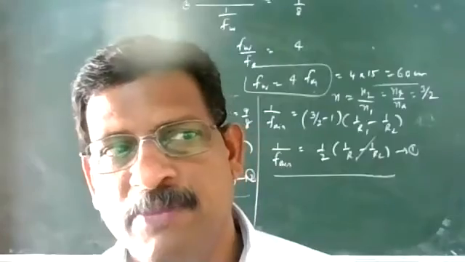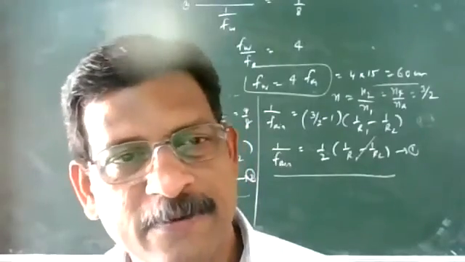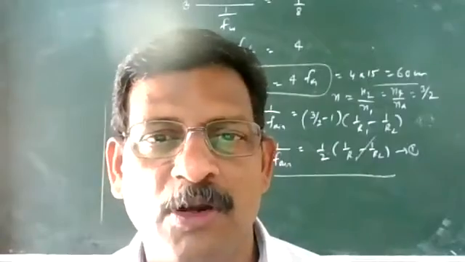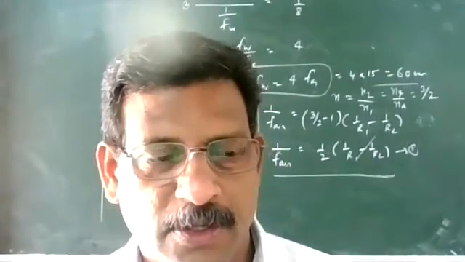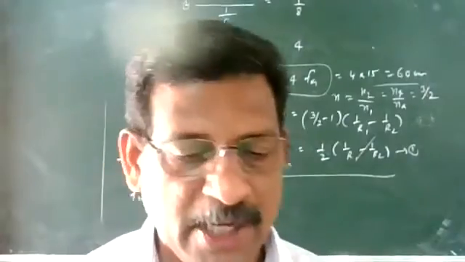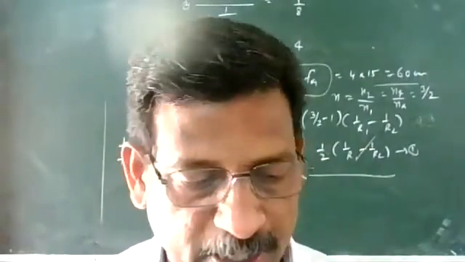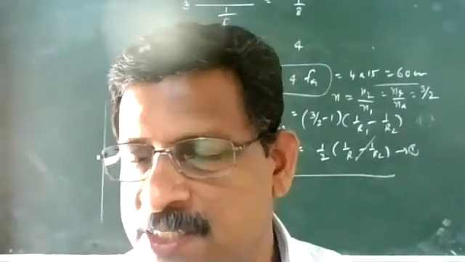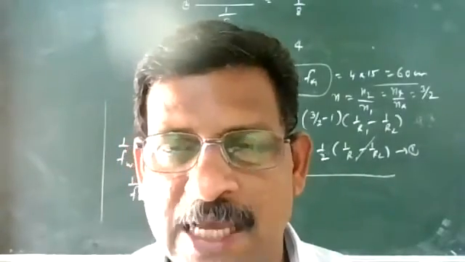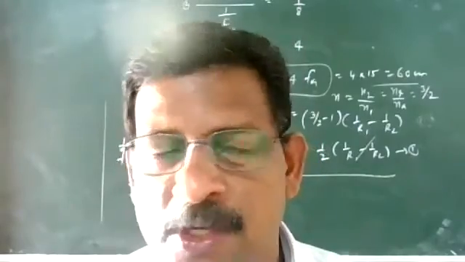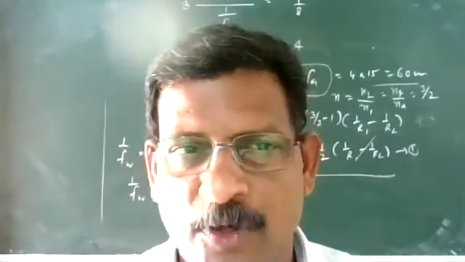The condition is that the image should be formed at infinity. Its distance from the optical center is called the first principal focal length, or first focal length.